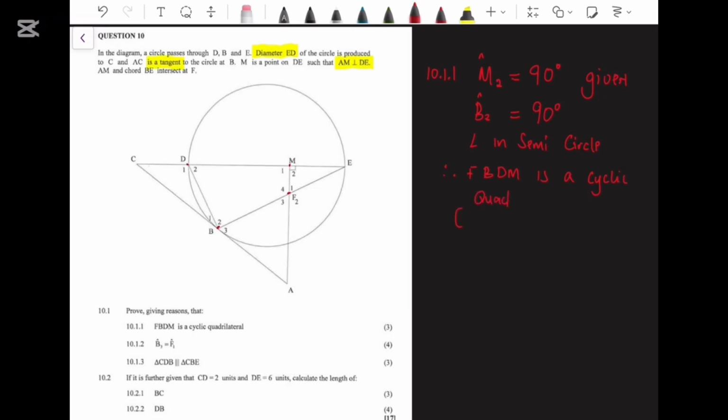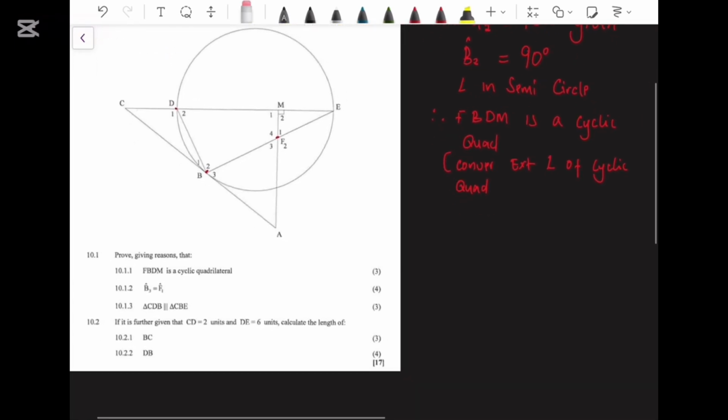Why is it a cyclic quad? It is converse exterior angle of a cyclic quad. This angle here is 90, this one is also 90. So exterior angle of a quad is equal to opposite interior. Therefore we have a cyclic quad, even though the circle is not drawn, so we know there is a circle outside there. Going forward, we are going to use it as a cyclic quad.